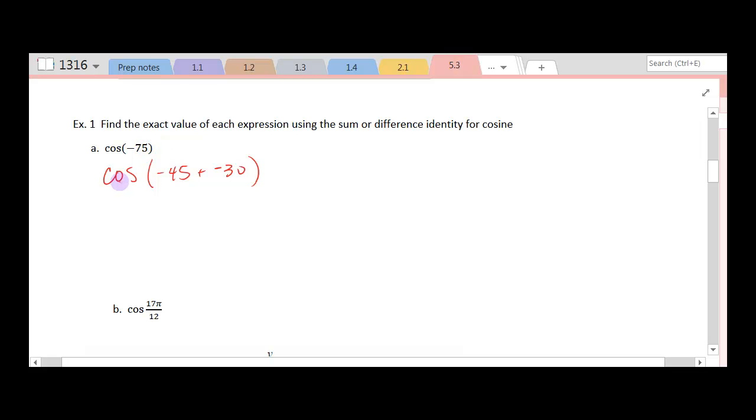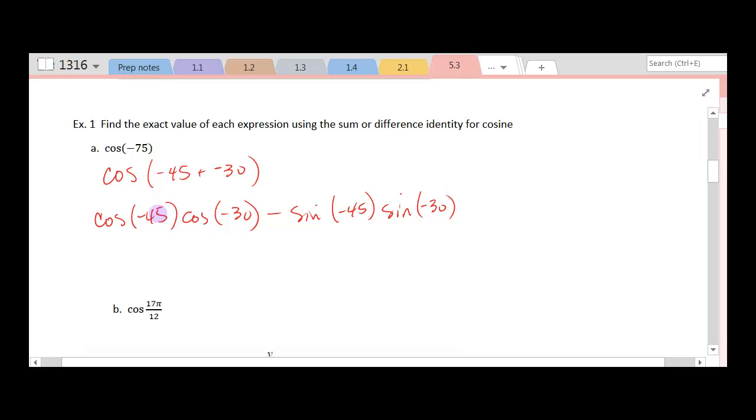This breaks up into the cosine of the first, so we have the cosine of negative 45 times the cosine of the second. We're doing the sum identity for cosine, so this sign here is a minus sign, minus the sine of the first, which is negative 45, times the sine of the second, which is negative 30.